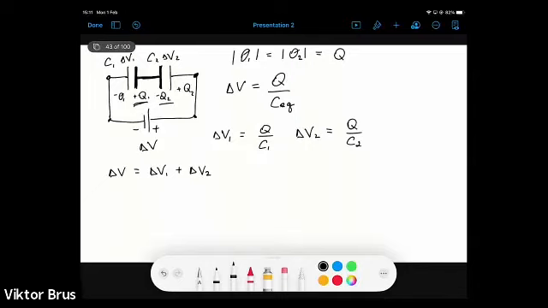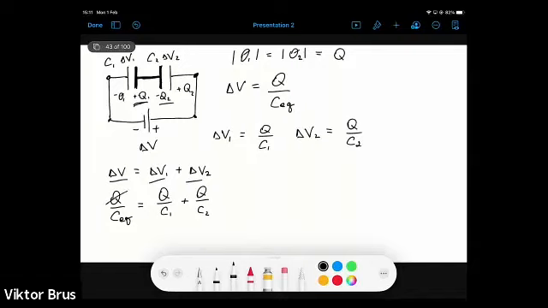So from here, by substituting expressions for each of these potential differences which we defined earlier, we can write that Q divided by C equivalent is equal to Q divided by C1 plus Q divided by C2.